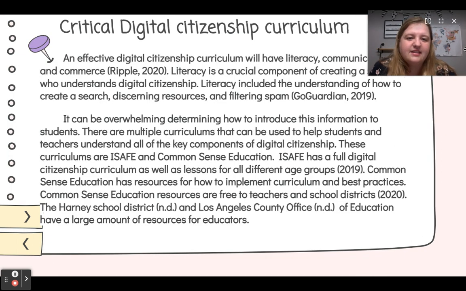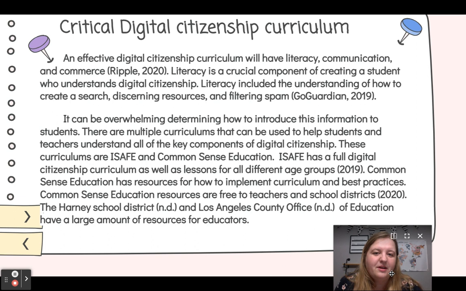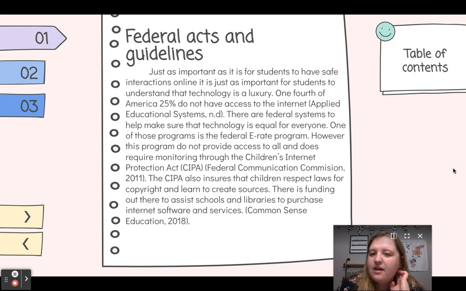Here is information about digital citizenship curriculum that I have learned through the research. And here are the federal acts and guidelines. I thought it was very interesting that one quarter of America does not have access to the internet, especially when COVID-19 happened and we were all quarantined in our households. That is shocking to me, and it's important to understand that.